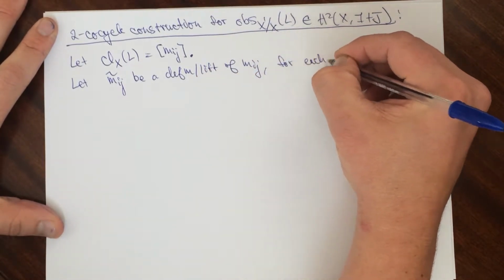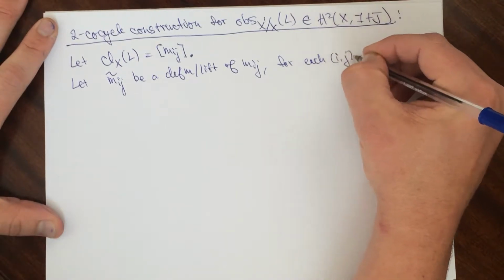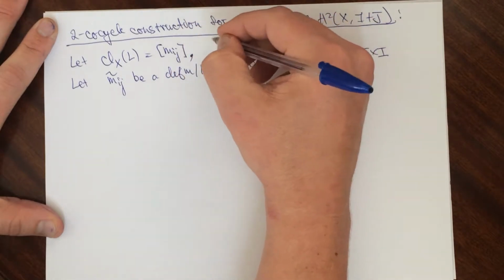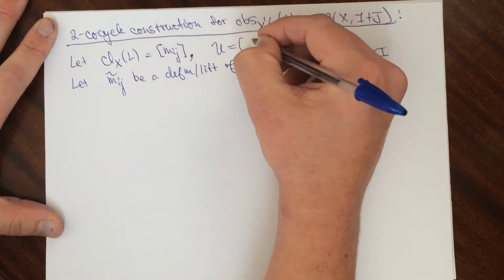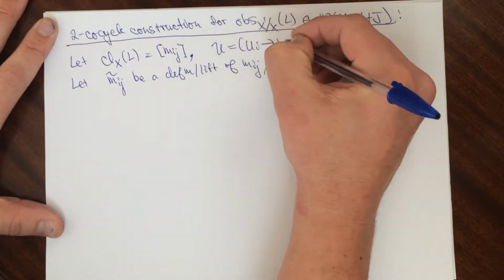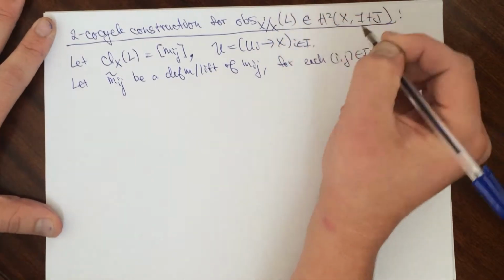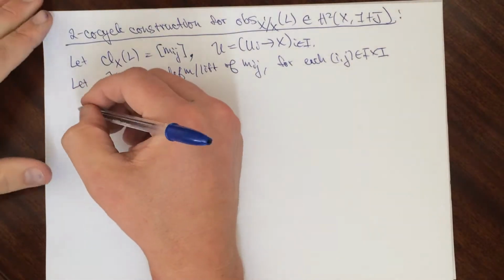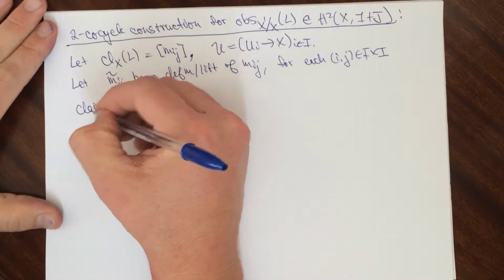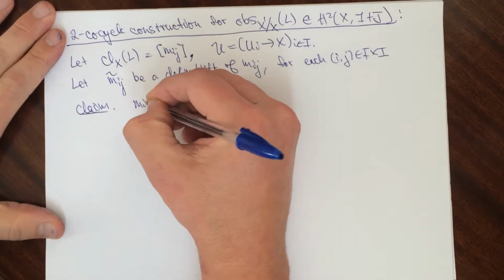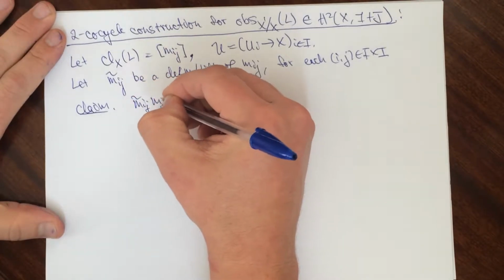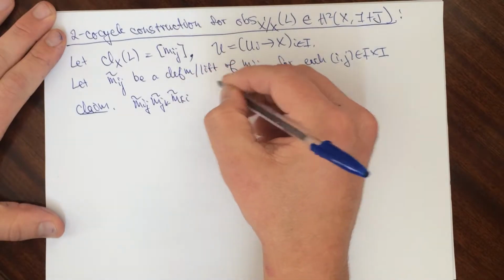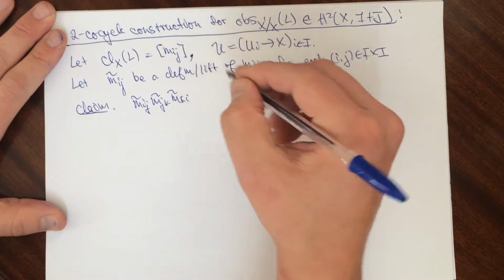So now j and i cross i. So again, in this presentation here, I've really fixed a cover of X. Okay, and now I claim that Mij tilde, Mjk tilde, Mki tilde is, okay, a cocycle.